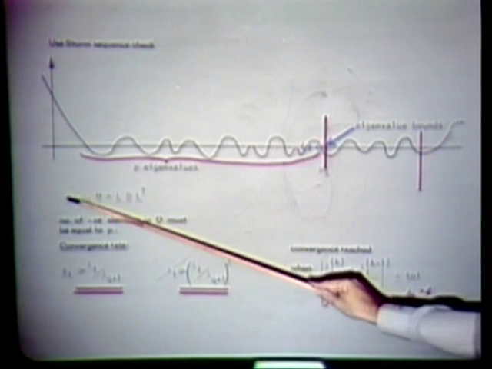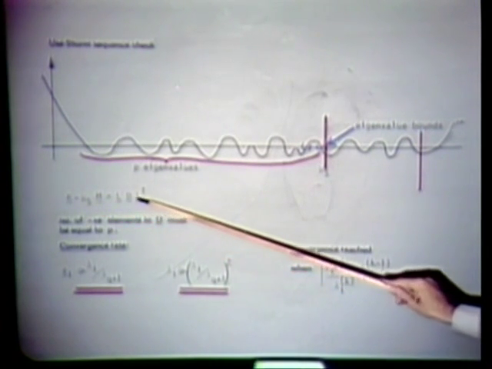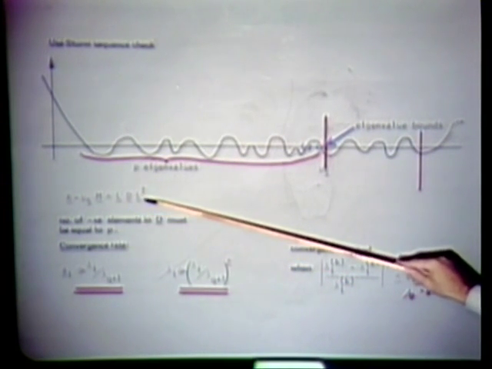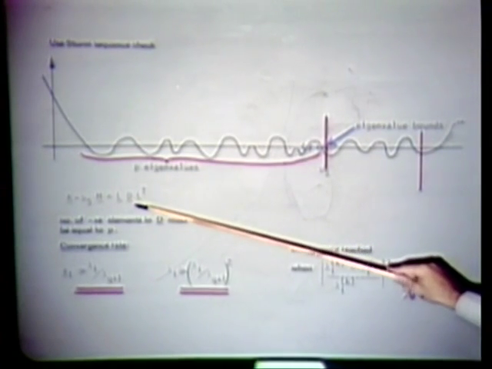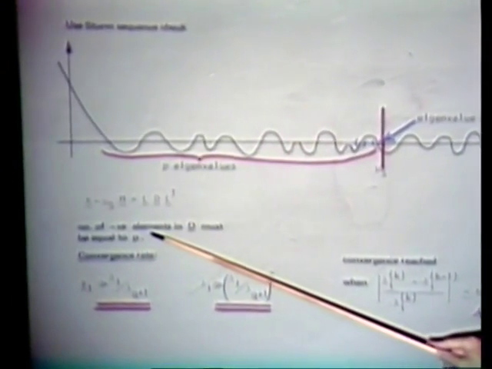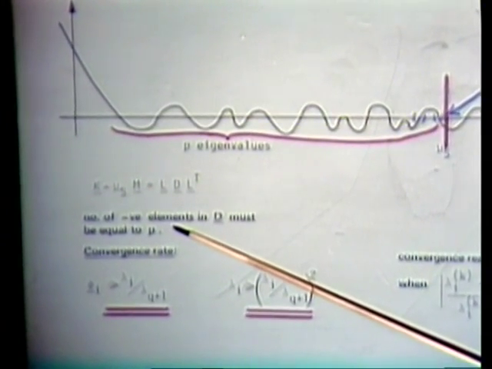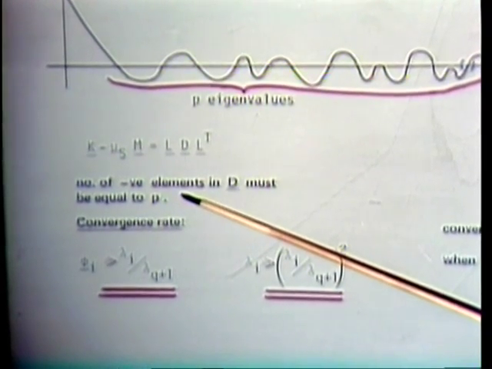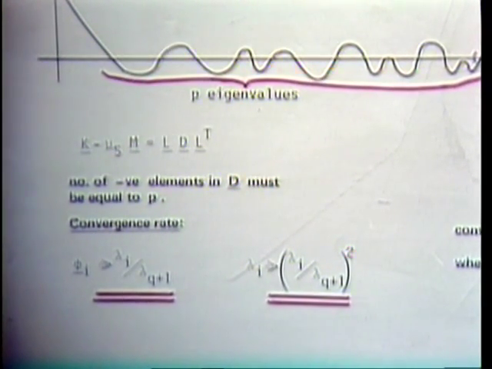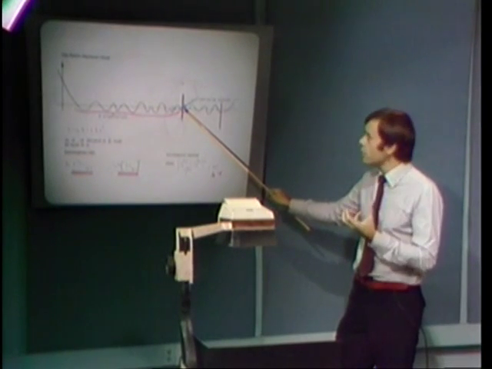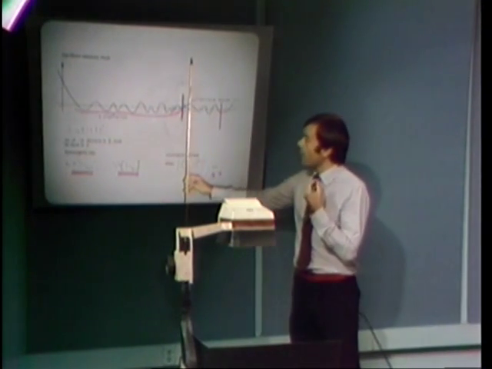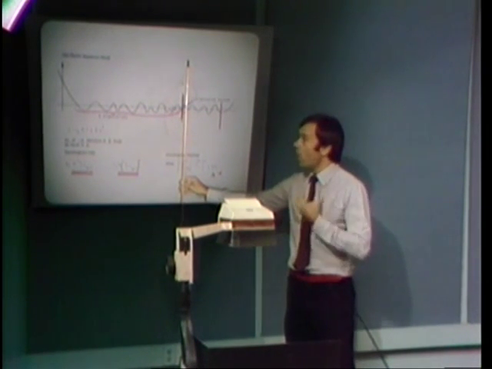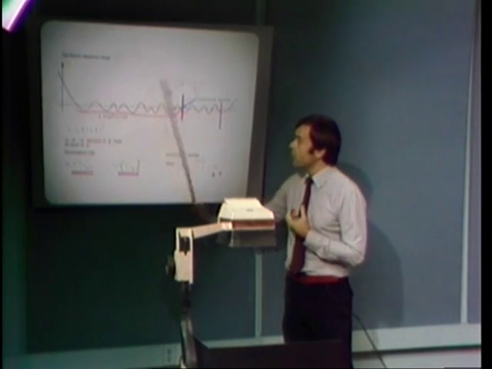What this then says is that K minus mu s is factorized into LDL transposed, and we must now have in the D matrix p negative elements, and only p, not more, not less. This check is absolutely sure. If this check is satisfied, we can be absolutely sure that we have calculated the eigenvalues of interest, the lowest p eigenvalues in this particular case.